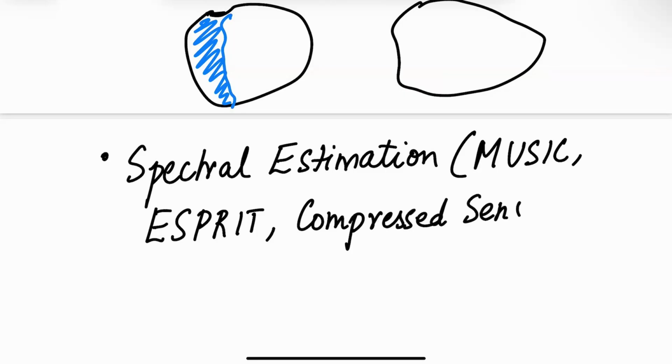All of these techniques essentially say that we know something about the target. Maybe it's sparse in real space, or sparse in some domain or representation. From that extra information, I can form an image of my target without being limited by the diffraction limit.